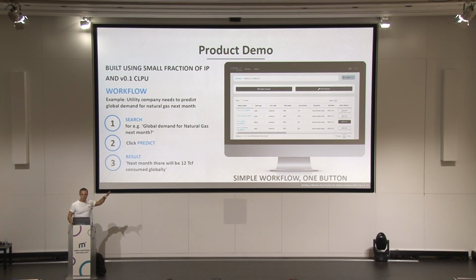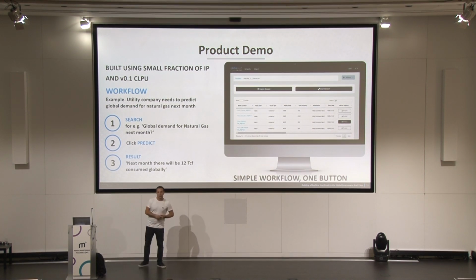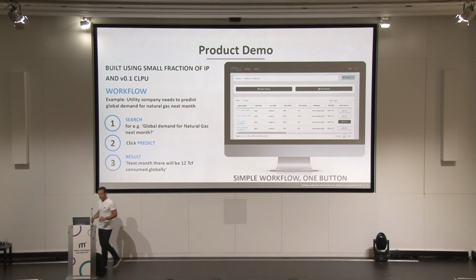What if you could just come to a place where you type in what you care about and predict? If you were a utility company and wanted to hedge the price of natural gas to protect your customers from prices increasing next quarter, maybe you just type, tell me what's going to be the demand for natural gas next month. And then the technology automatically figures out where to buy data in real time, which data, and it just gives you the answer.